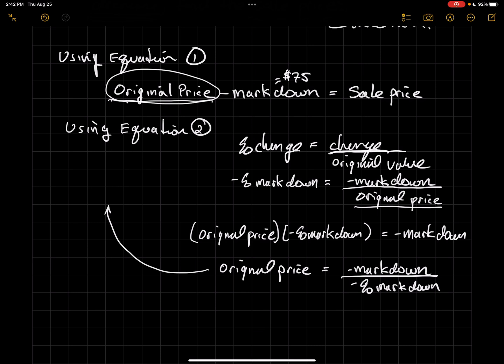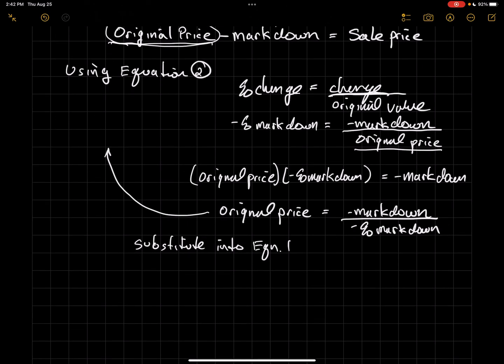And so I'm going to substitute into equation 1. So what that looks like is the following. We get negative markdown divided by negative percent markdown minus markdown is equal to sale price.